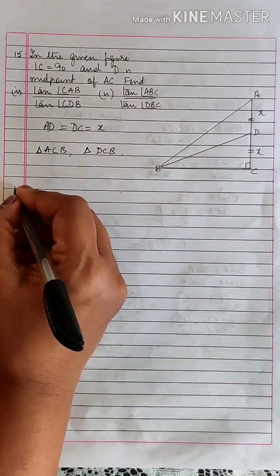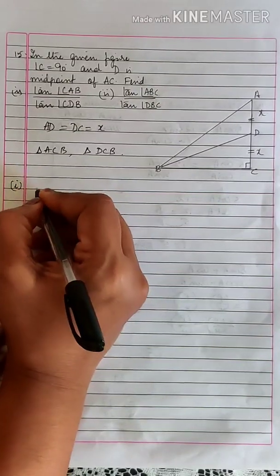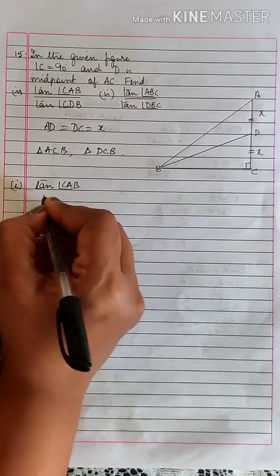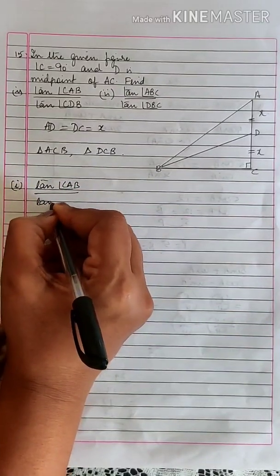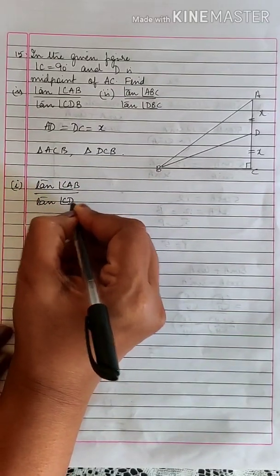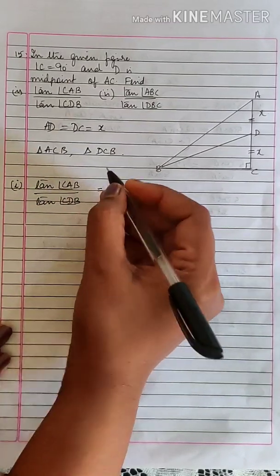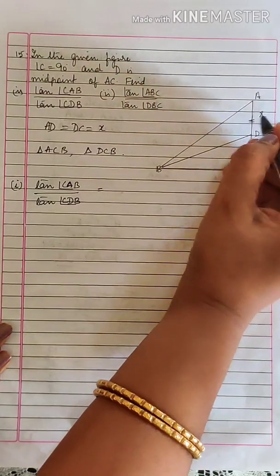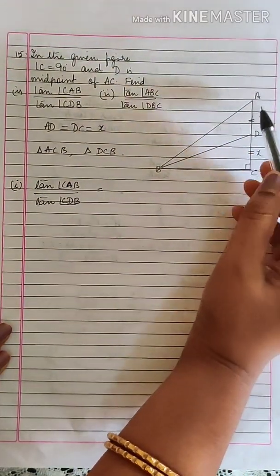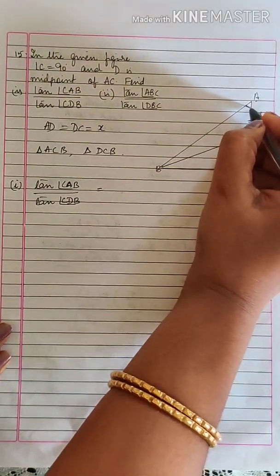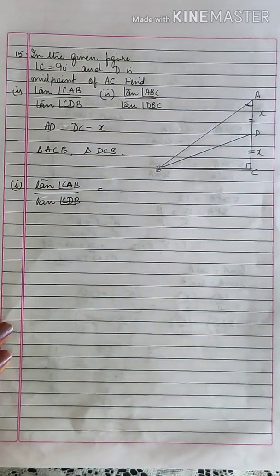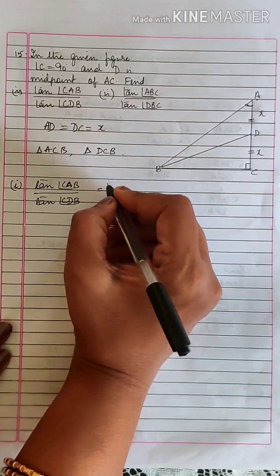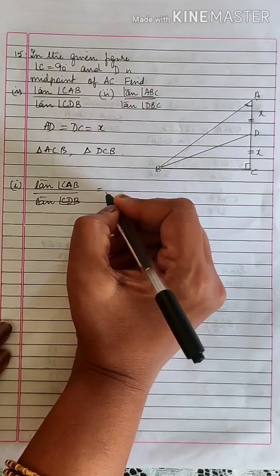Now we will solve the first ratio, which is tan of angle CAB upon tan of angle CDB. Here we have to find tan of angle CAB. So the reference angle is angle A. Now you know the ratio for tan, it is perpendicular by base.